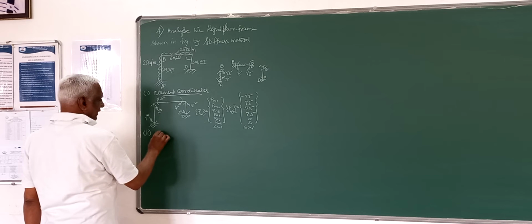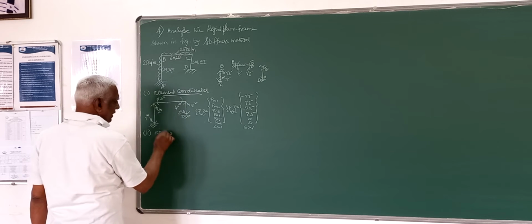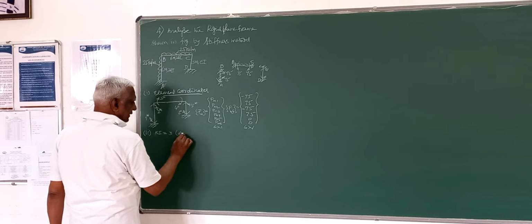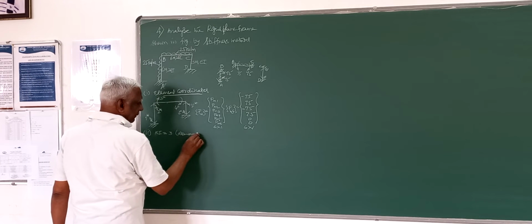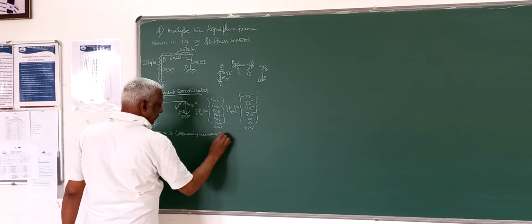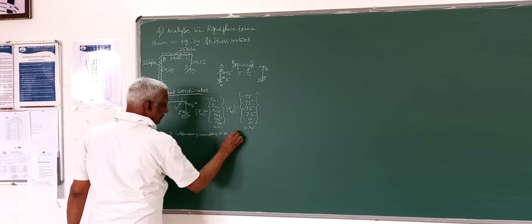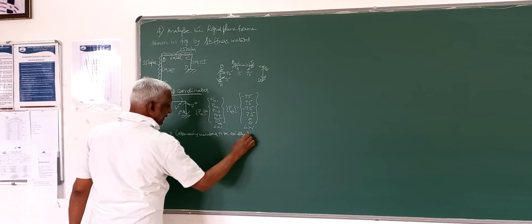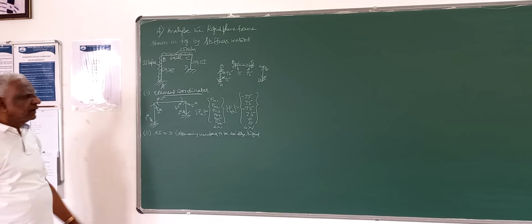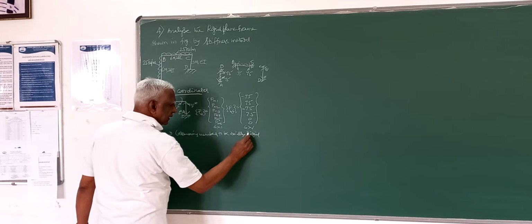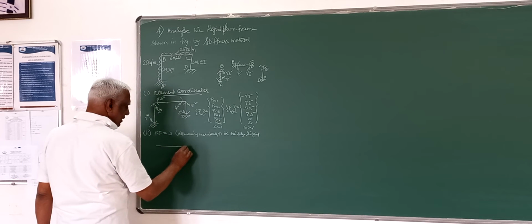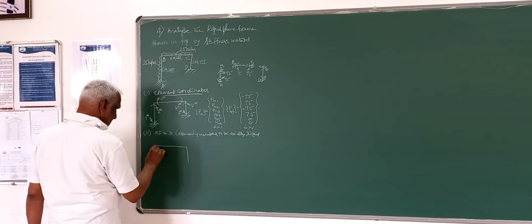Then the second step, we have to find out the kinematic indeterminacy. Here it is 3, assuming members to be axially rigid. So you have to identify those kinematic independencies.